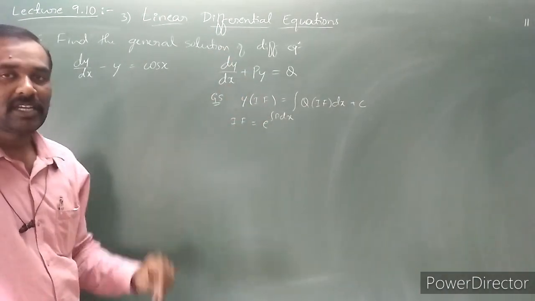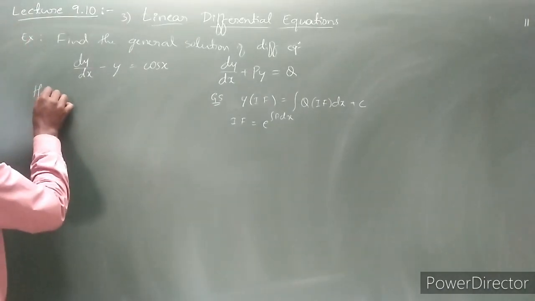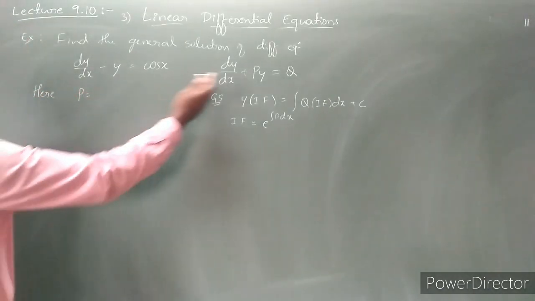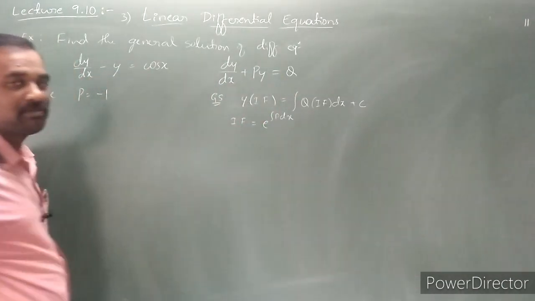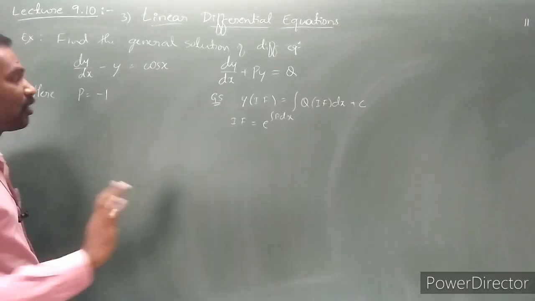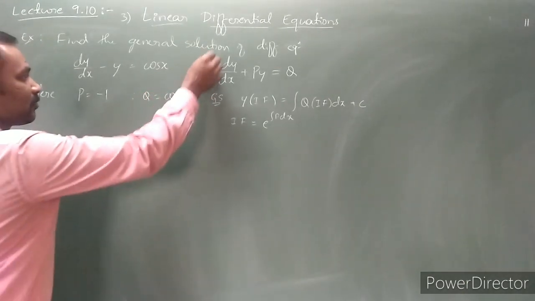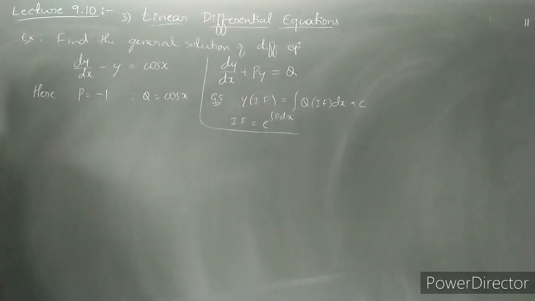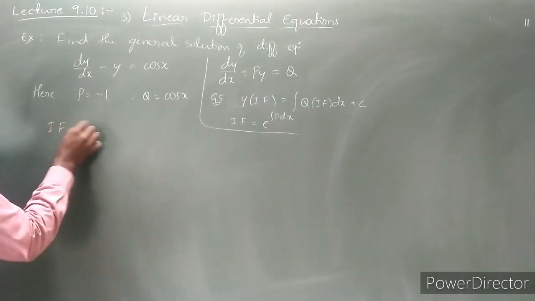If you use this one, we will get the answer. For that, we need the integrating factor, so we need the p value. What is the p value? The y coefficient is the p value, that is -1. P and q are functions in terms of x or constants. Next, what is the q value? Cos of x. Yes, p value and q value we have got. Directly, what is the integrating factor?